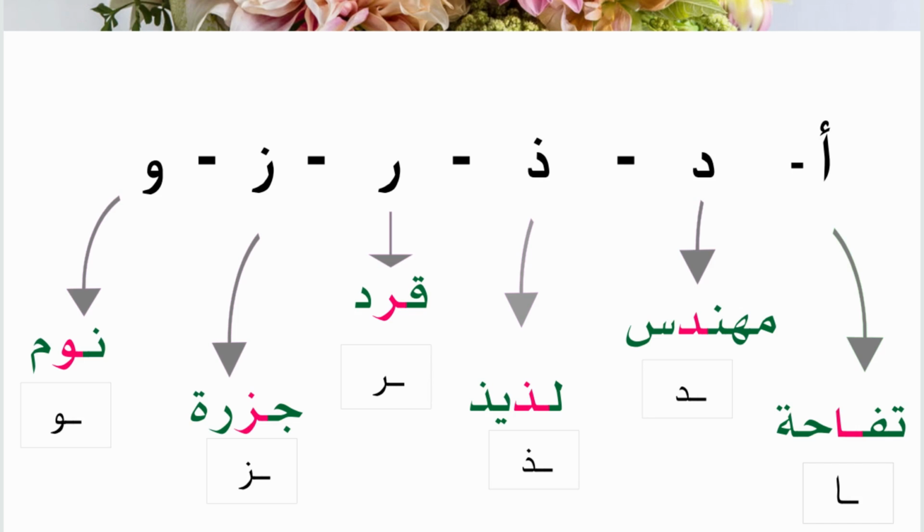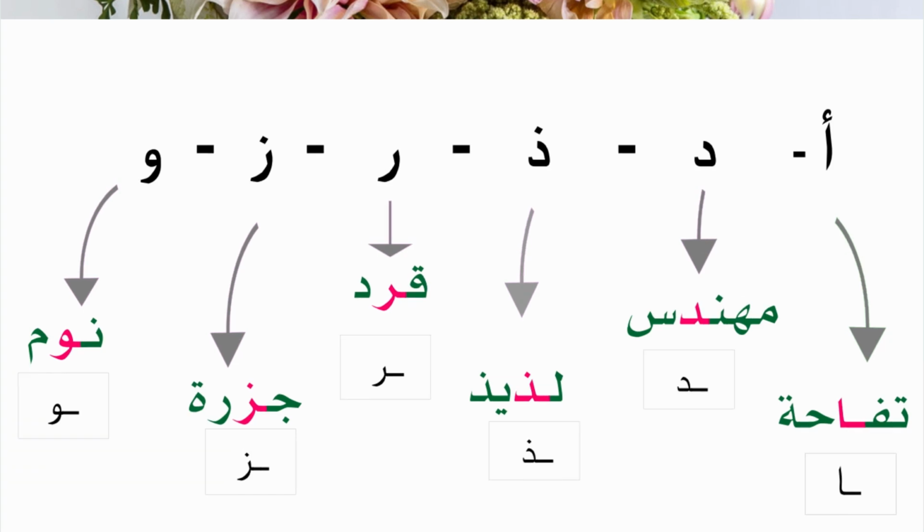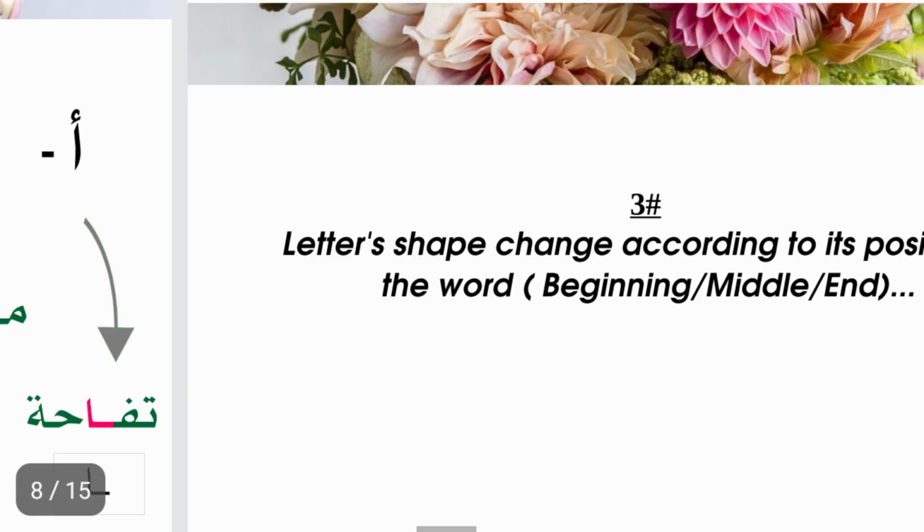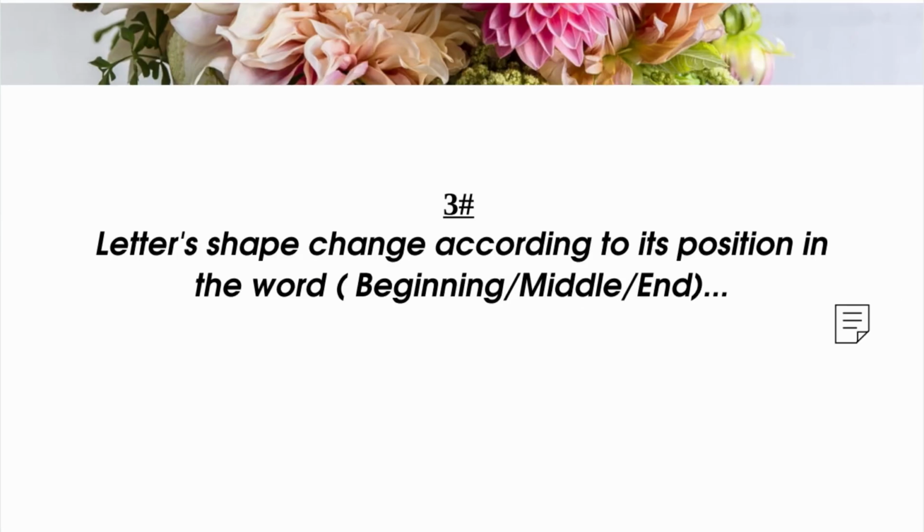It doesn't matter that they are in the middle of the word, they still don't take the short line after them, on the left of them. So, while they accept the short line from the right, from the previous letter, they don't accept the following short line from the left, ever.